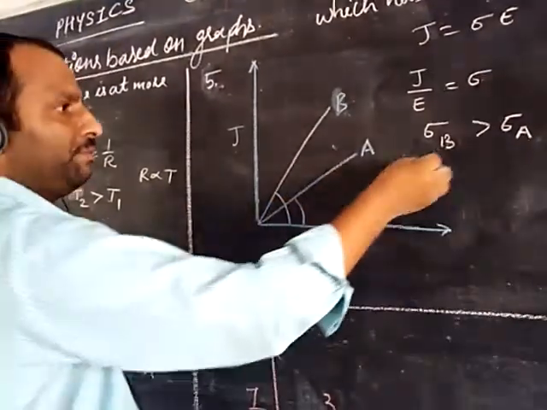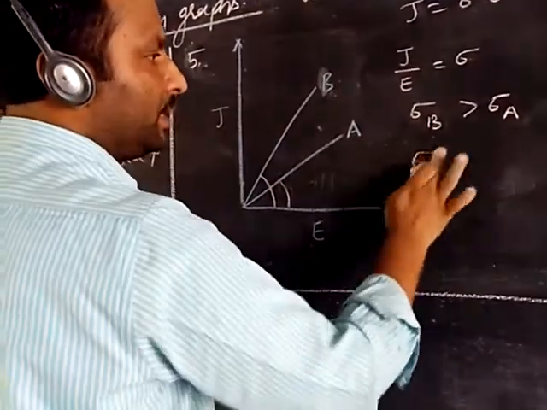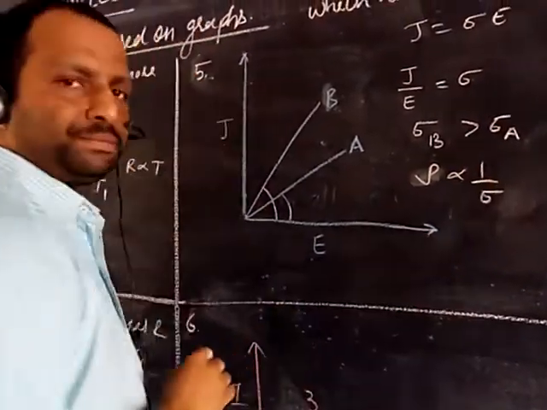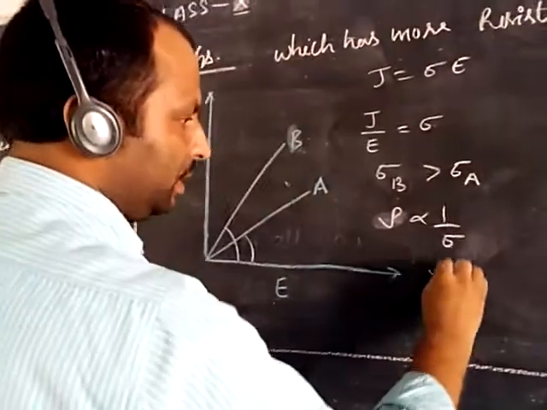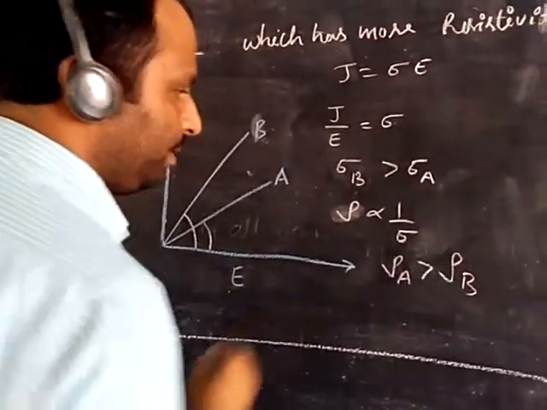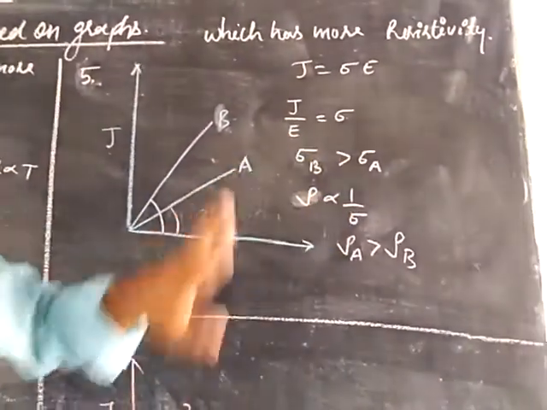So the conductivity of B is greater than conductivity of A, and we know that resistivity is the reciprocal of conductivity.